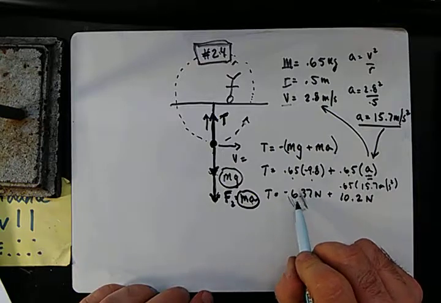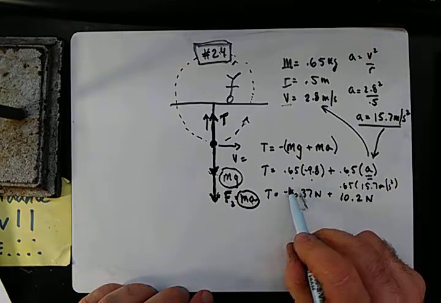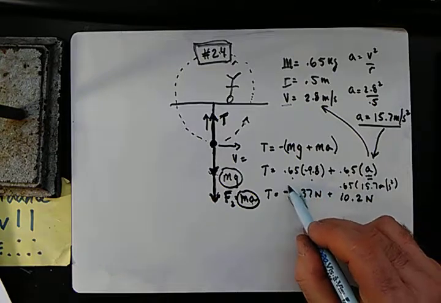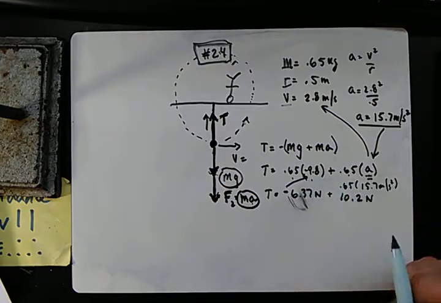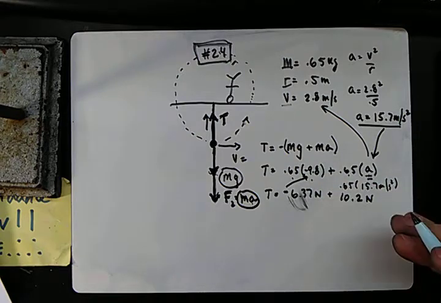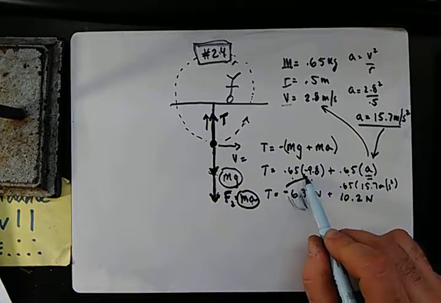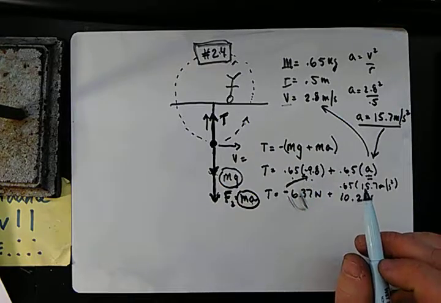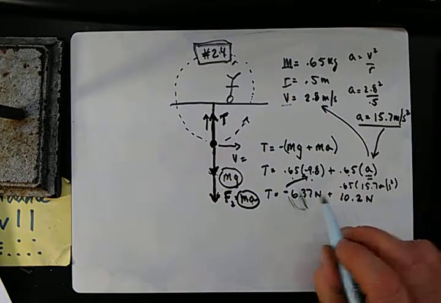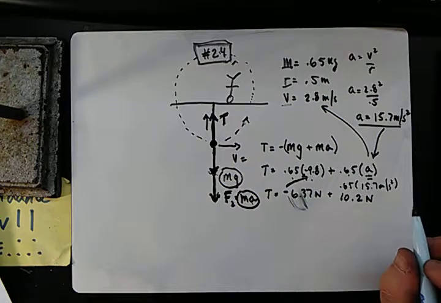But notice we have a problem here. Our problem is that we used what we know of as gravity being negative 9.8 meters per second squared. So I'm going to add in a little exception, a little rule here, which allows us to use gravity in a way that will be able to calculate tension.